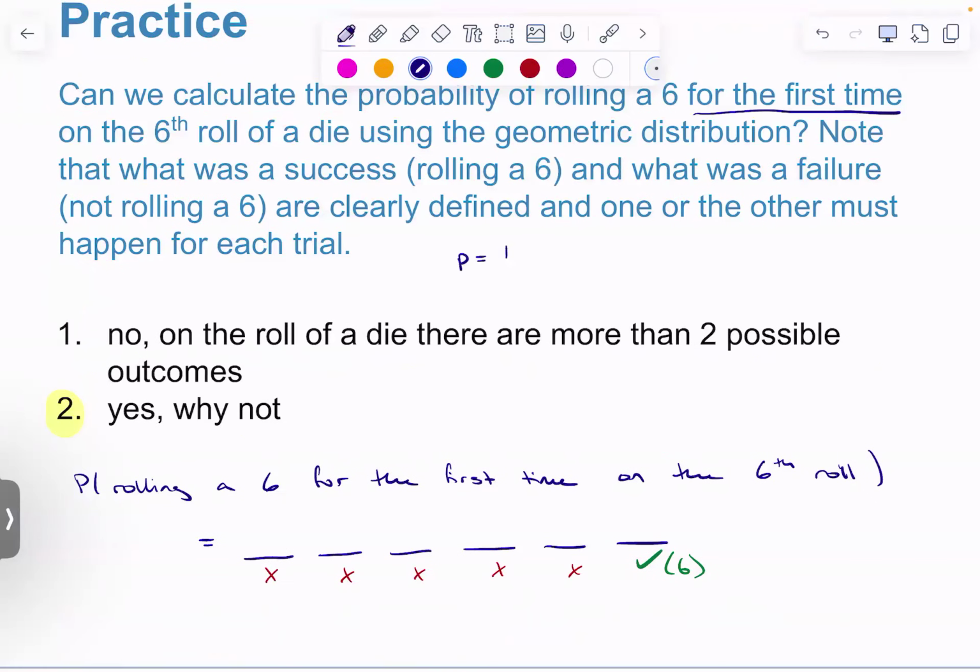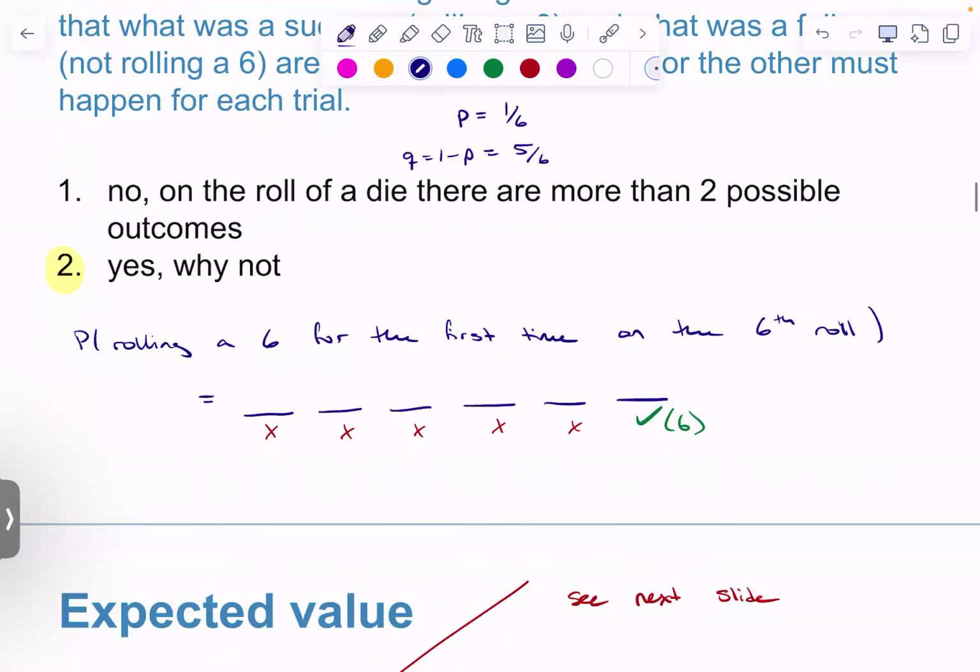Let's say P is 1 over 6, and Q, which is 1 minus P, is 5 over 6. So the probability of not rolling a 6 is 5 over 6, 5 over 6, 5 over 6, 5 over 6, 5 over 6, and then finally 1 over 6.